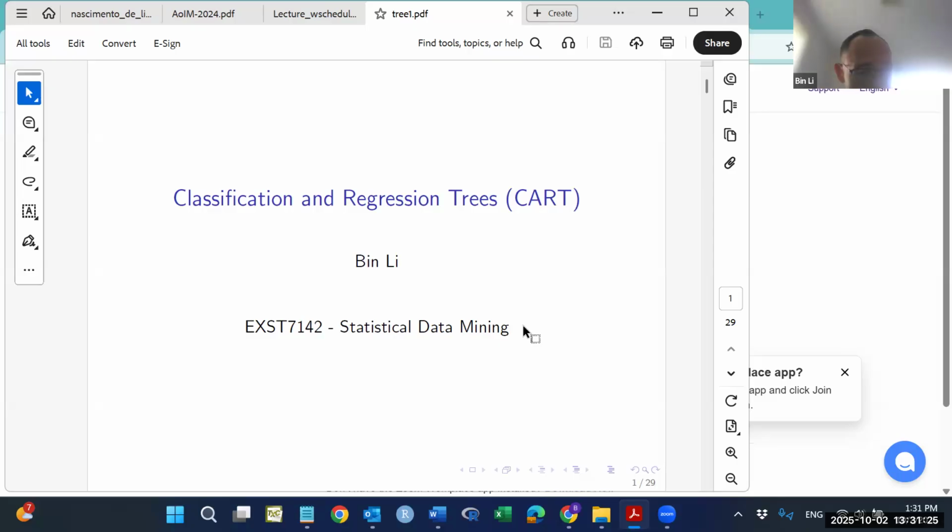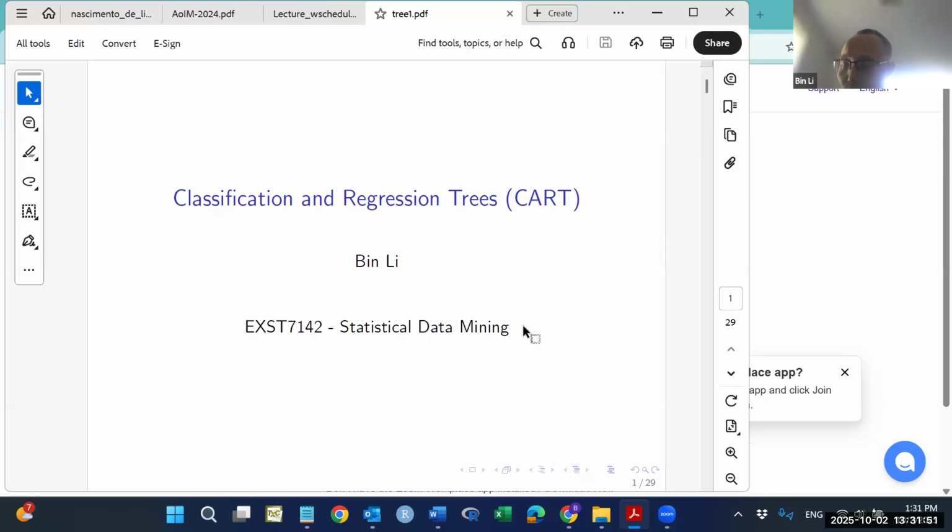Before we start, I will just mention that I've already posted the midterm group project and presentation announcement in the Moodle. Take a look. We will form groups and work on an independent data set.